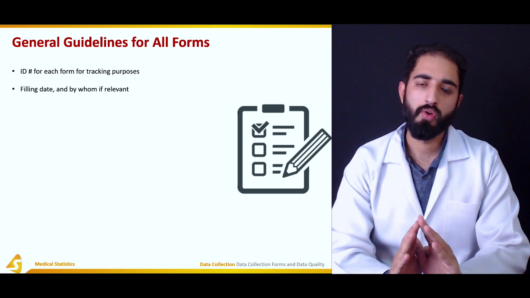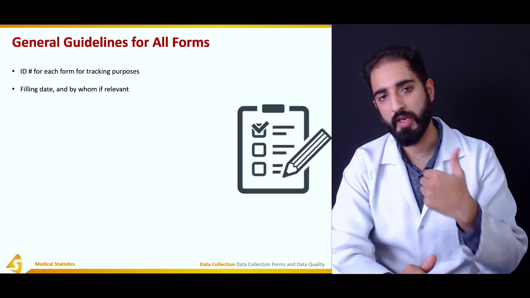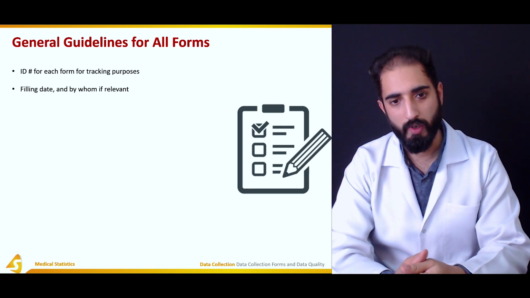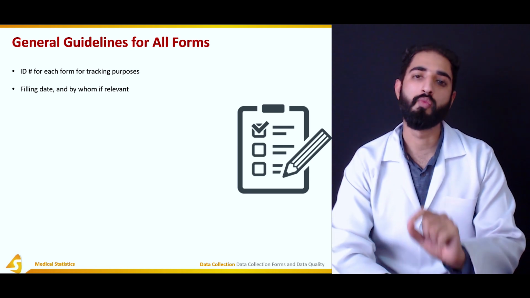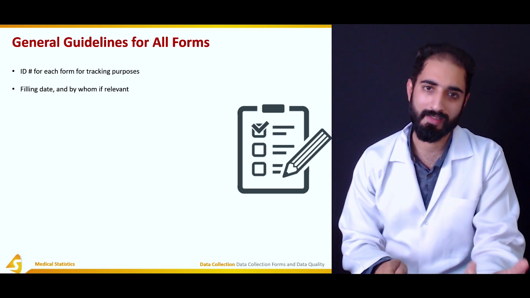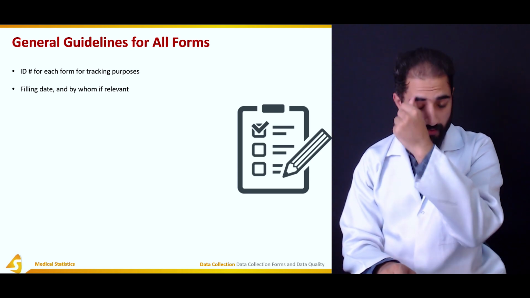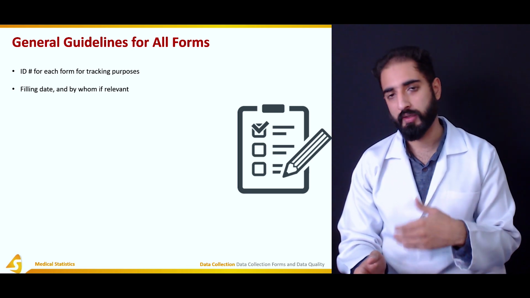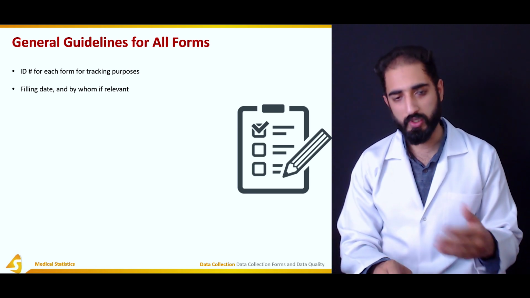We should also include the date on which the data was collected, and we should also mention which researcher was responsible for collecting that response or that questionnaire, because sometimes the questionnaires are not filled by the participants or the patients themselves.